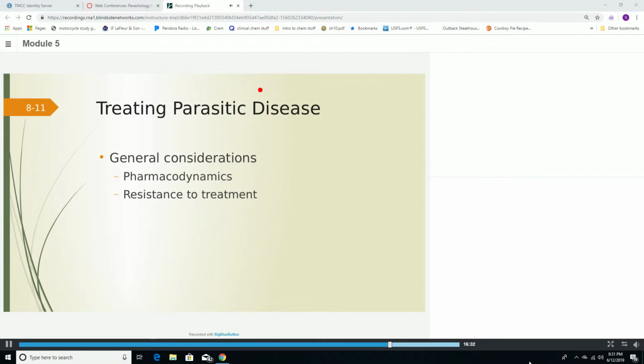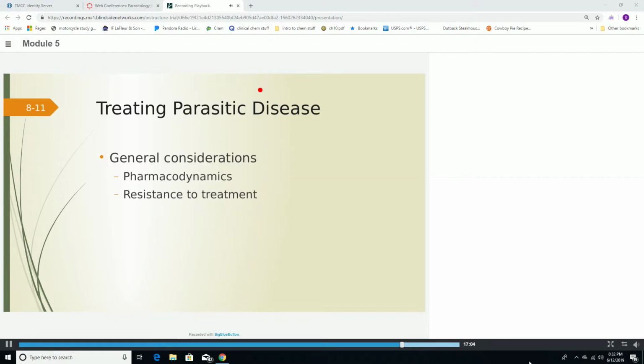They also have to consider the parasite's location, numbers of the parasite in the host, how long the treatment should occur, and the method of drug administration. If only one drug is available, is the patient's condition bad enough to introduce a treatment plan or not? These are a lot of things that physicians have to consider when they're treating parasitic diseases.